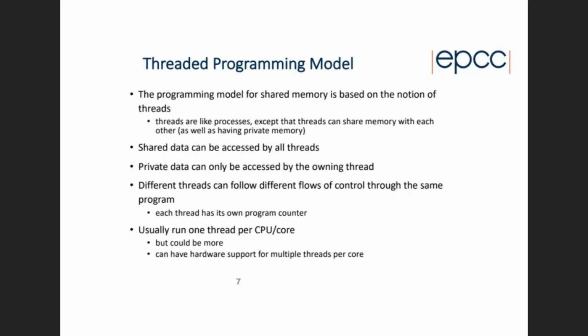But this is not the same thing. This is to do with the accessibility of data from different threads. It's the same or very similar terminology, but used to mean something rather different here.